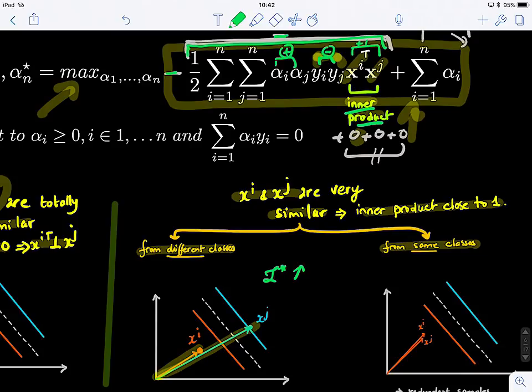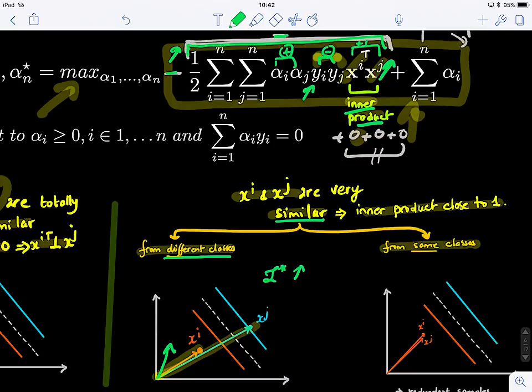If they were not very similar, it would be only slightly boosted. But if they're too similar, their dot product gets higher, which means this term becomes larger, and then the Lagrangian will be maximized. So we're looking for similar points, but drawn from different classes. And this is the intuition behind the support vectors.